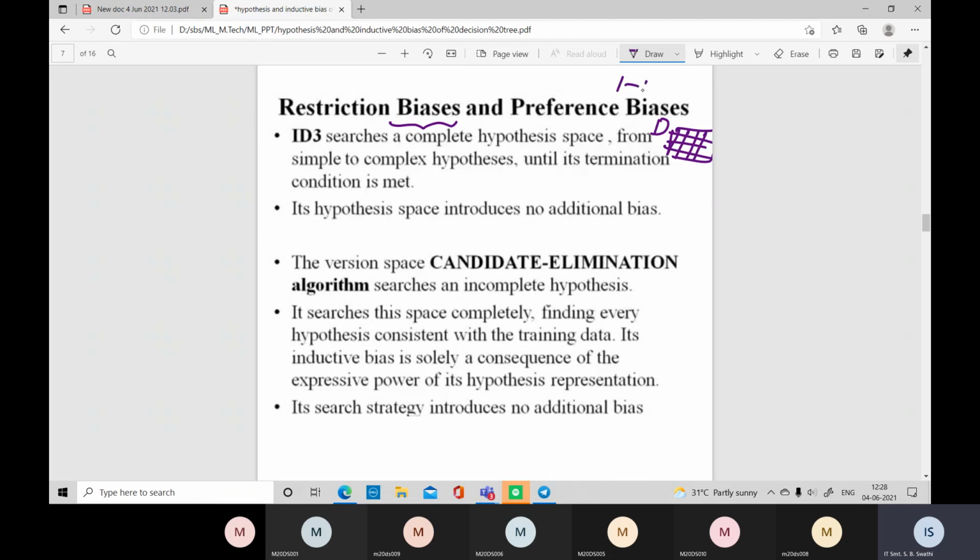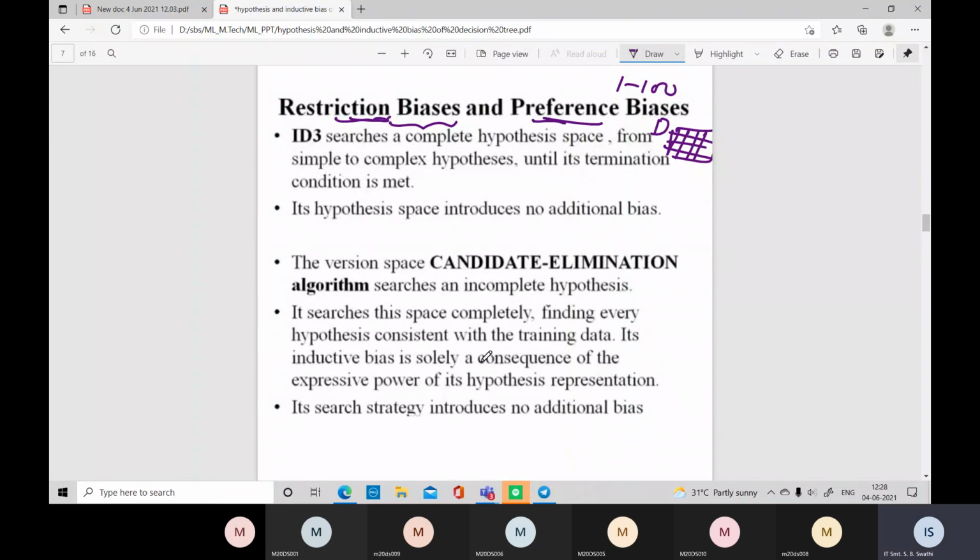If suppose 1 to 100 training instances are there, with which instances you want to start, with which instances you want to build the first root node, you can select in that way. For that we have two types of features. One is preference bias, another one is restriction bias.